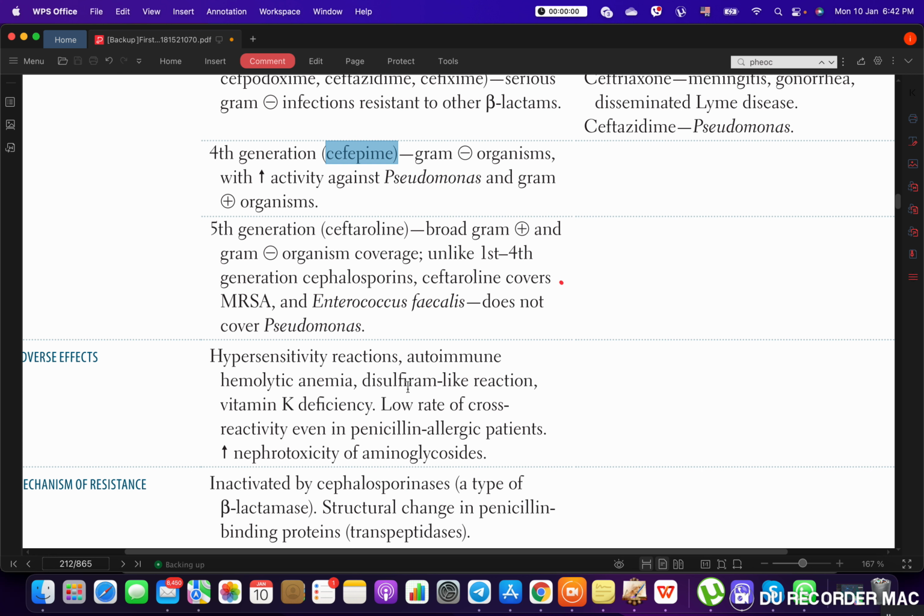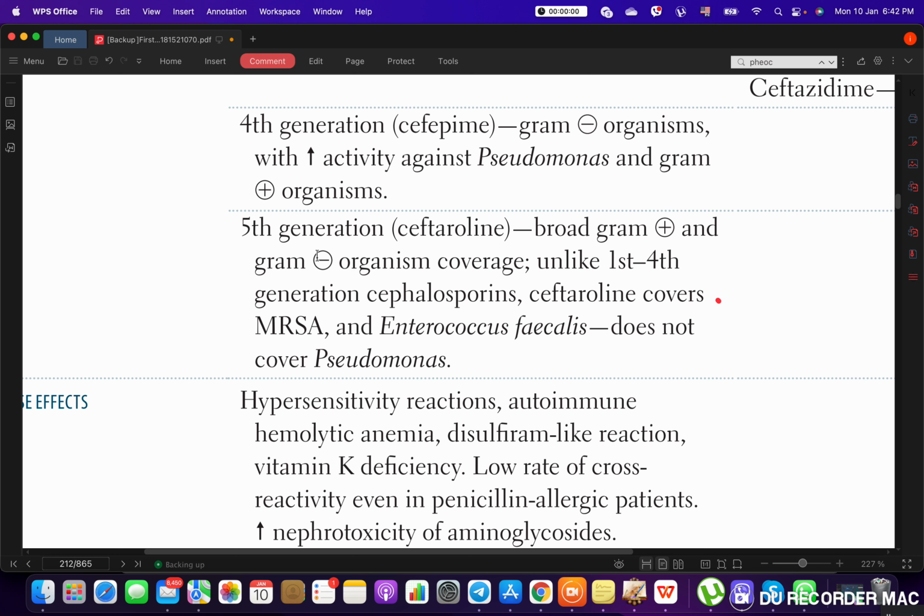So far, between all of the cephalosporins, and they do ask about this, the only two cephalosporins that cover pseudomonas were what? What were they? Ceftazidime for pseudomonas and cefepime. That's it. Okay. So the 5th generation is ceftaroline.